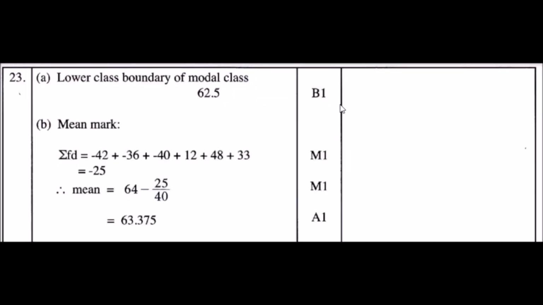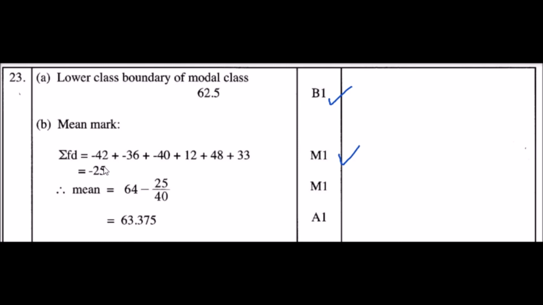So in part A, you get a bonus point, 1 point, for stating or writing the class boundary of the modal class. Part B, you get 1 mark for the method, but the way it is presented here is not very clear. That is why I recommended that we make a table, because now how do you get 42 from 64?